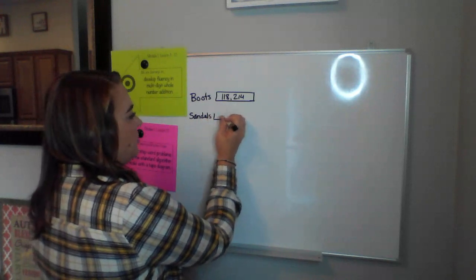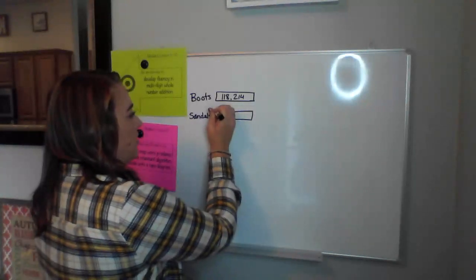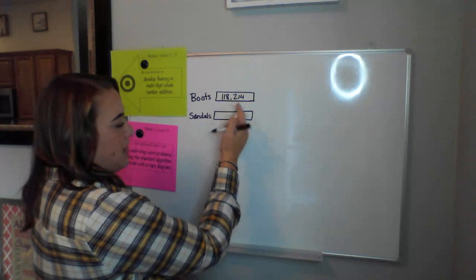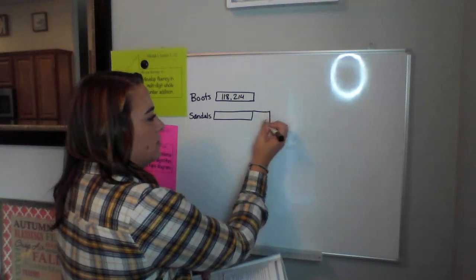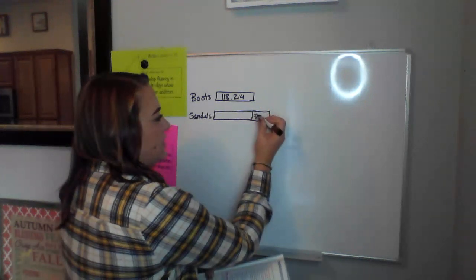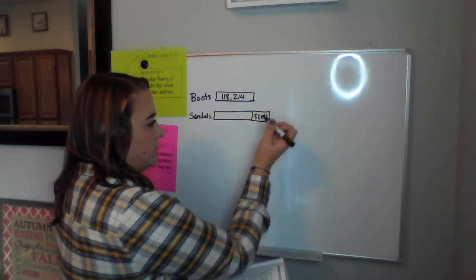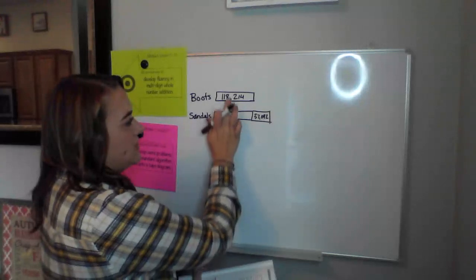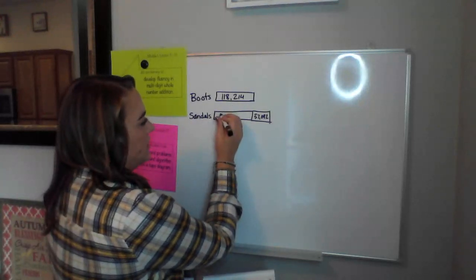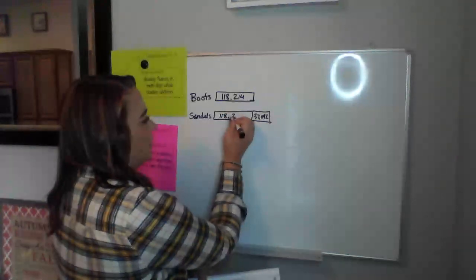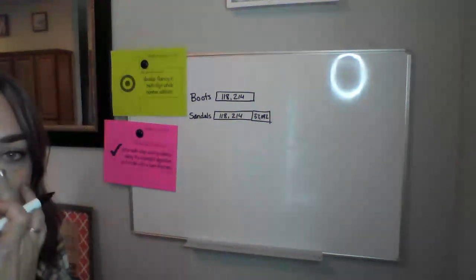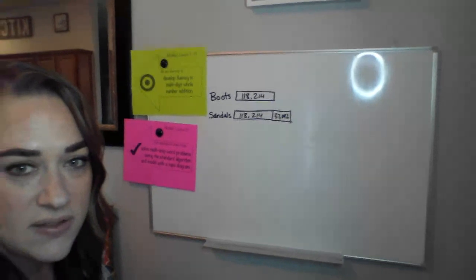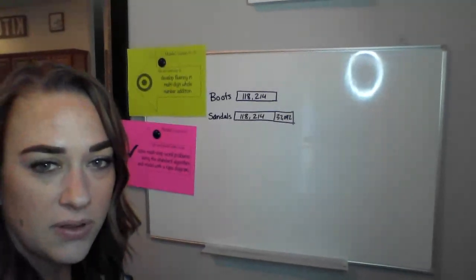So just like our last problem, I can show, well, I know that they sold at least that much, plus that additional amount of 37,092. Okay, and I know because my tape diagram is the same, that this has the same value of 118,214. Oh, that's really small. Sorry, you guys can't see that. Okay.